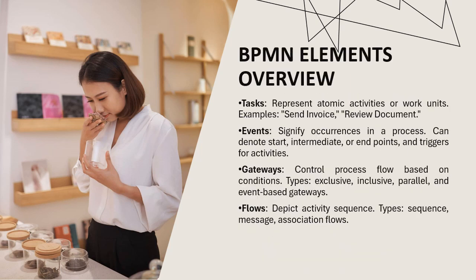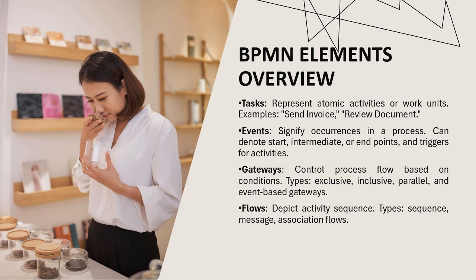Let's now talk about the fundamental elements of BPMN. First, we have tasks, which represent individual activities or work units within a process, such as sending an invoice or reviewing a document. Next, events signify occurrences in a process, including start, intermediate, or endpoints, as well as triggers for activities.